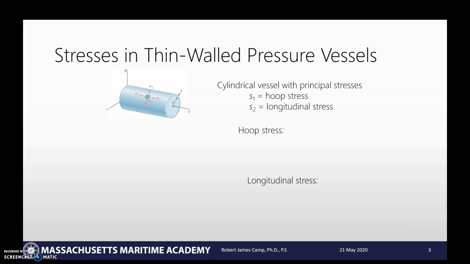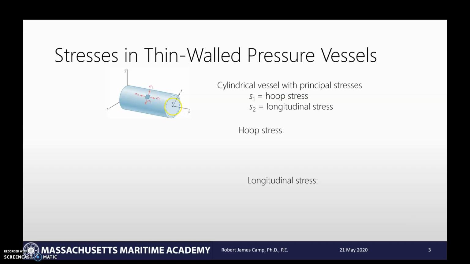You'll see I have listed there, we have two types of stresses, and they correspond with our principal stresses on our Mohr circle. In fact, the principal stresses have to do with a three-dimensional Mohr circle, which we haven't gone over, but we're not going to worry about that too much. So you have two different stresses you're worrying about.